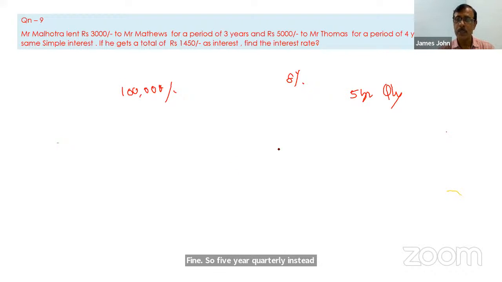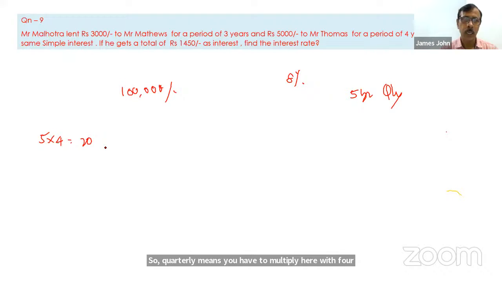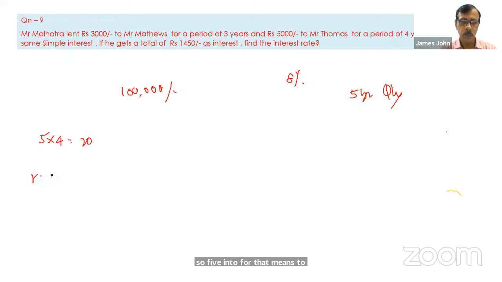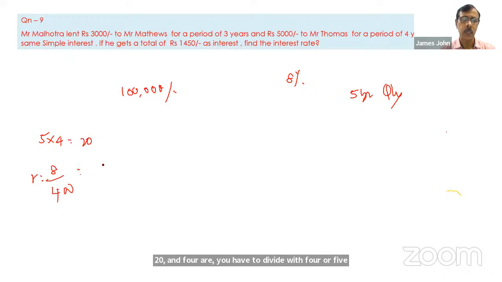So quarterly means you have to multiply year with 4. So 5 into 4, that means 20. N takes the value 20. And for R, you have to divide with 4 or 400. This you will get 0.02. Now use the formula. EMI, it is EQI, equated quarterly installment, is equal to same formula.